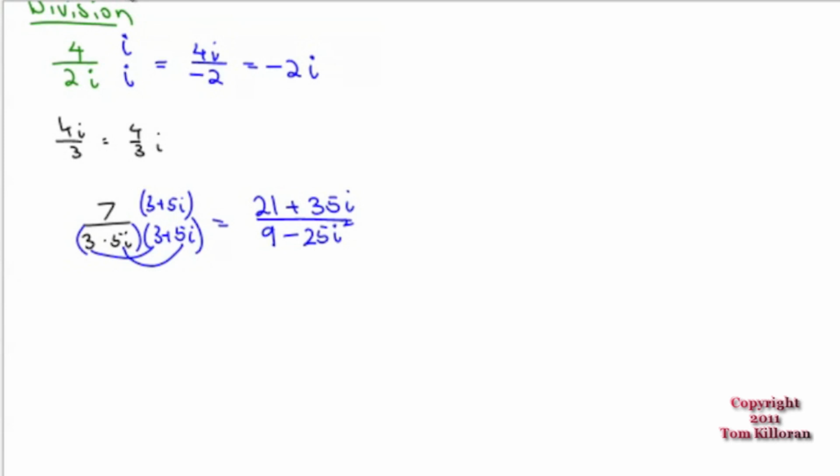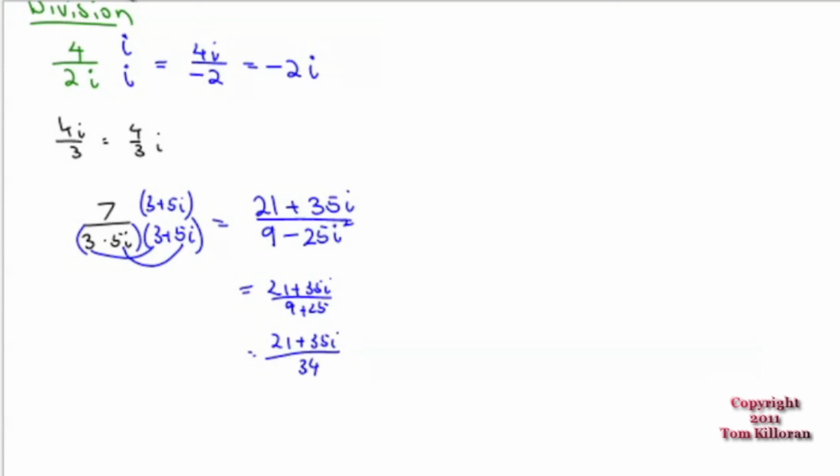But you might want to check. This is negative 15i, and this is positive 15i. They do cancel. So i squared is? Negative 1. Negative 1 times a negative is a? Positive. So this becomes 21 plus 35i divided by 9 plus 25. What's 9 plus 25? 34.